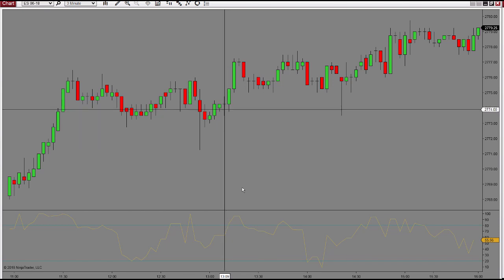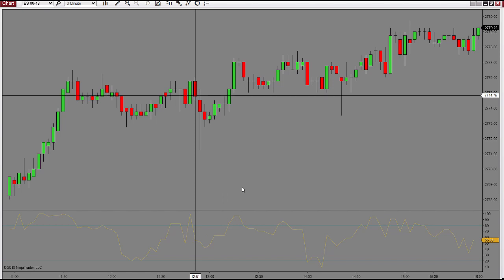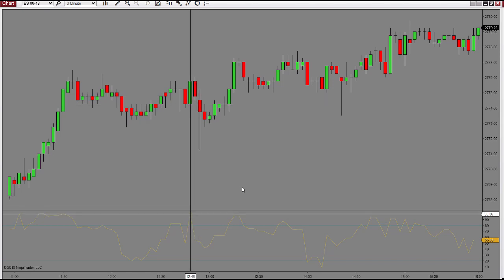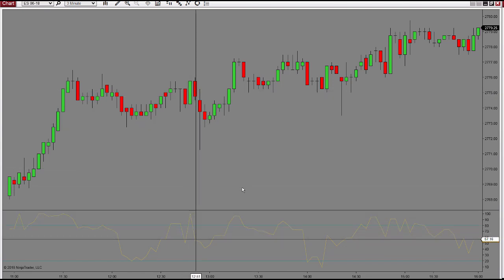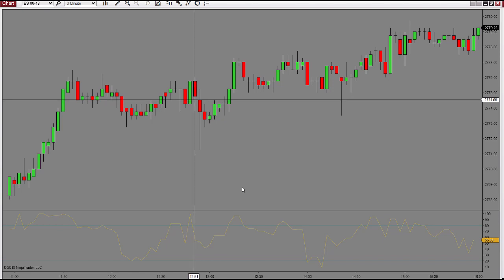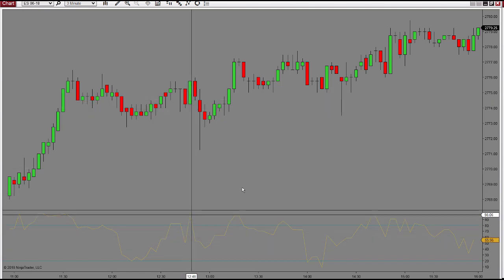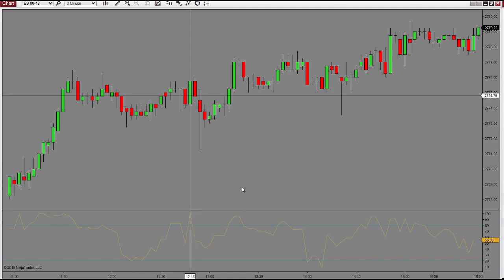And so if we look at this bar, you can see that stochastic at the close of this bar went from here all the way down to here, because this bar is showing downward momentum. The close is right near the low, whereas this bar went from here up to here, showing upward momentum.